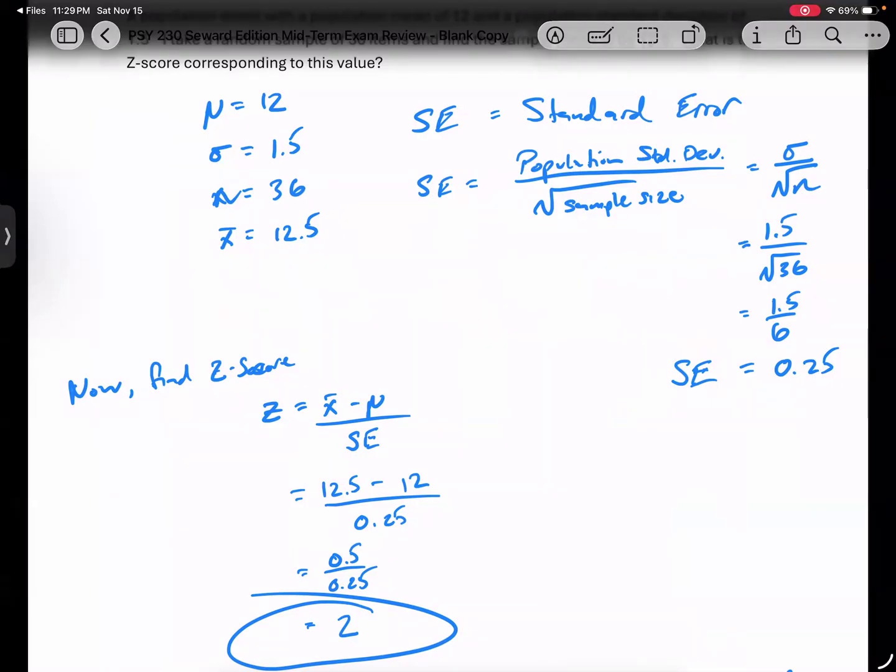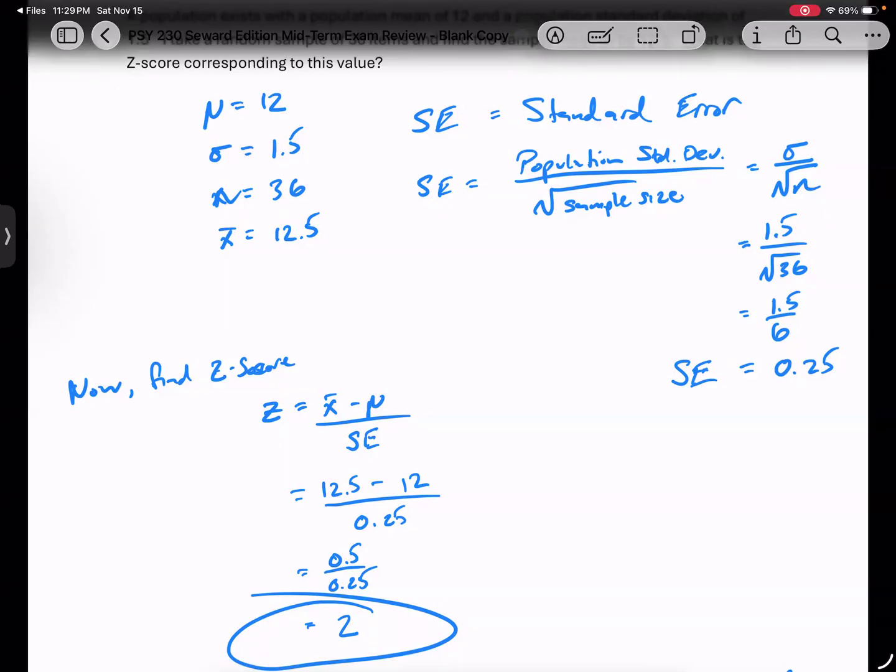That means that the sample mean of 12.5 is 2 standard errors above the population mean. Another way to think about it is it's noticeably higher, but still within the range of what could occur by chance. Again, anything outside of 2.5, that might be not likely.